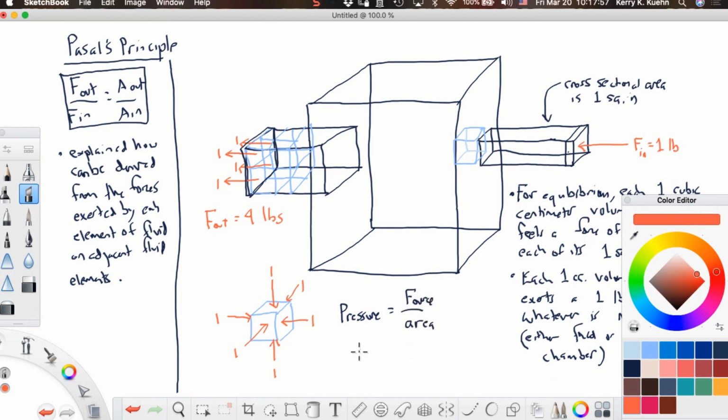So we would say that the pressure is equal to 1 pound per square inch. That is, if each of these sides has 1 square inch of area, we would say that this cube has a pressure of 1 pound per square inch. So it's probably worthwhile introducing this concept at this point, the concept of pressure. And it's going to help us to think about these sorts of situations.